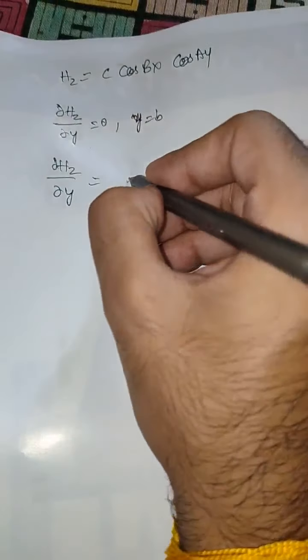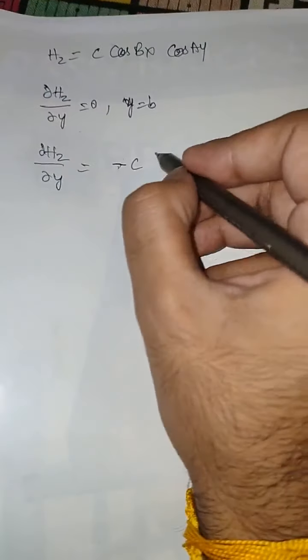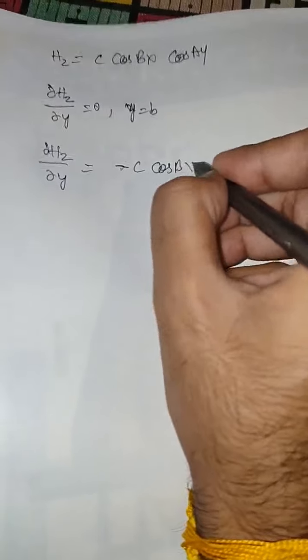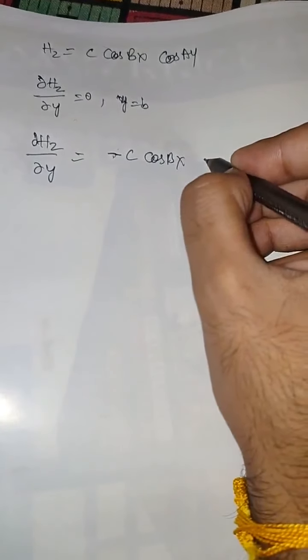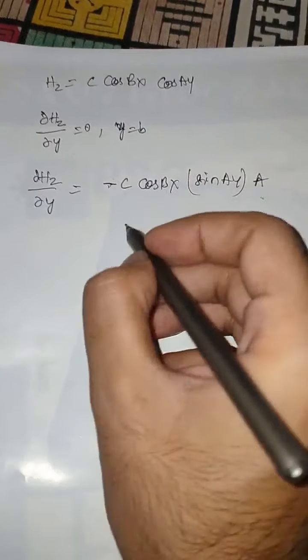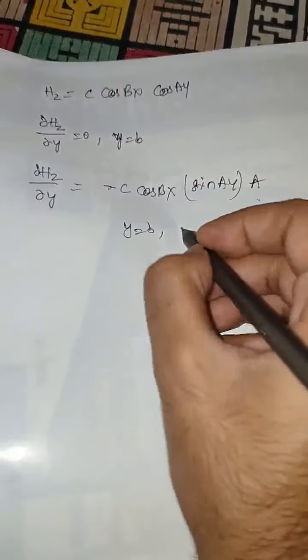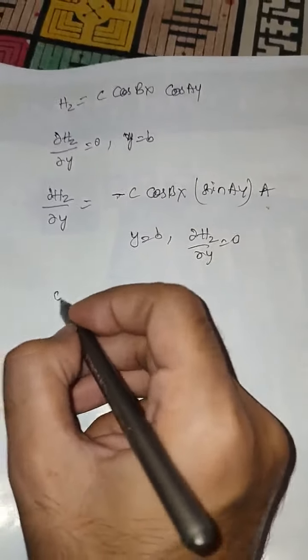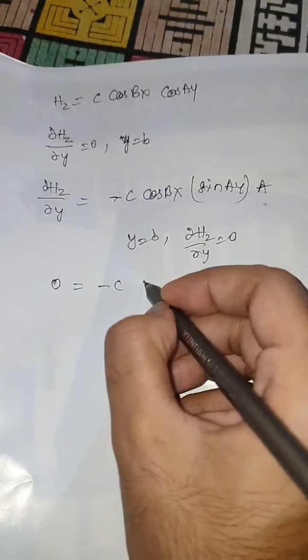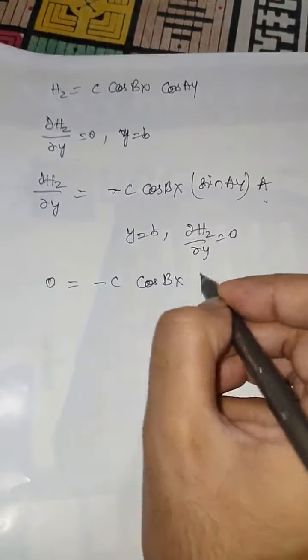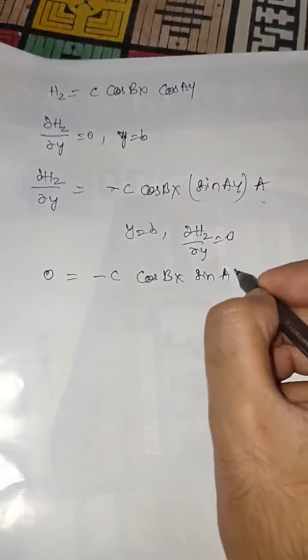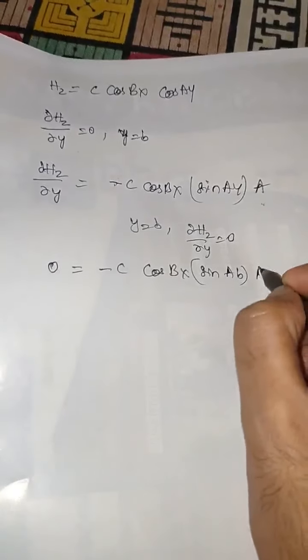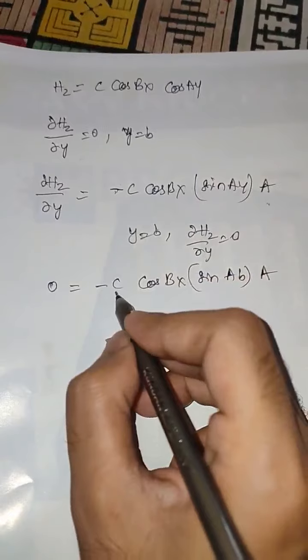If I differentiate this with respect to y, we get minus C cos(bx) sin(ay) multiplied by a. Now substitute y equal to b, then ∂Hz/∂y is equal to 0 in this equation, so 0 is equal to minus C cos(bx) sin(ab) a.